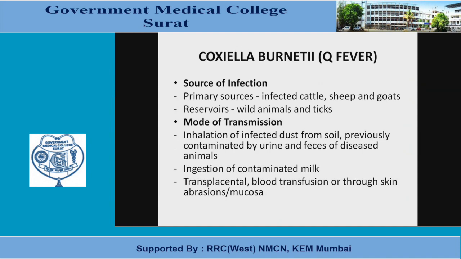Primary source of infection is infected cattle, sheep, goat, and reservoirs are wild animals and ticks. Mode of transmission is by inhalation of infected dust from soil previously contaminated by urine and feces of diseased animals. Ingestion of contaminated milk is also one of the modes of transmission. Transplacental, blood transfusion, and through skin abrasion, it can be transmitted. So these are the different modes of transmission.